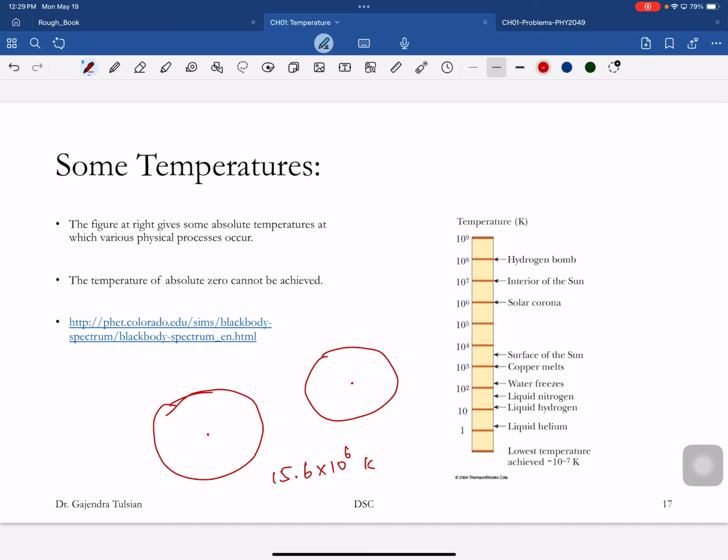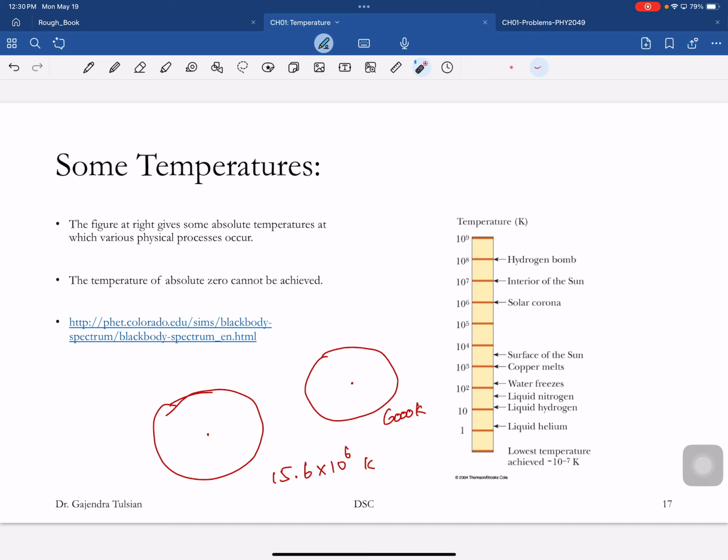In the interior of the Earth, it's about 6,000 degrees Kelvin, something like that. You'll have to look it up, Google it. And funnily enough, we know this temperature more accurately than this temperature.